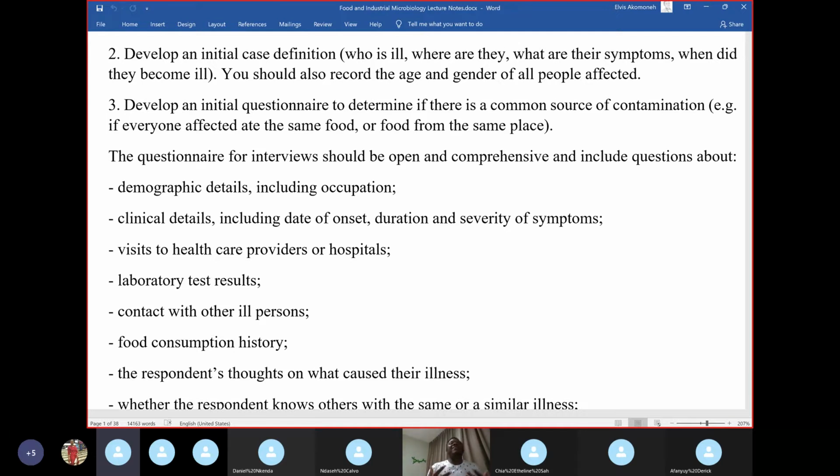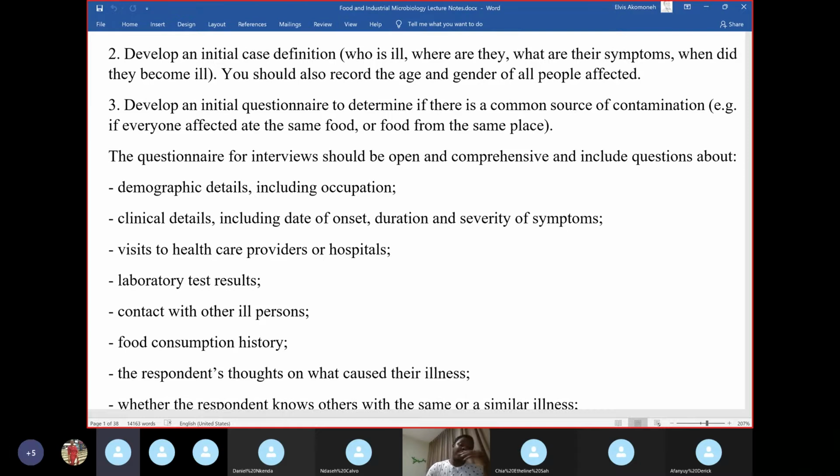And then we find out if the person has visited a healthcare provider or a hospital. It is common that when you feel funny, you go to the nearest pharmacy around you, or the nearest drugstore, let me call it the way it is, and you purchase whatever and start taking it in an attempt to contain the symptoms.